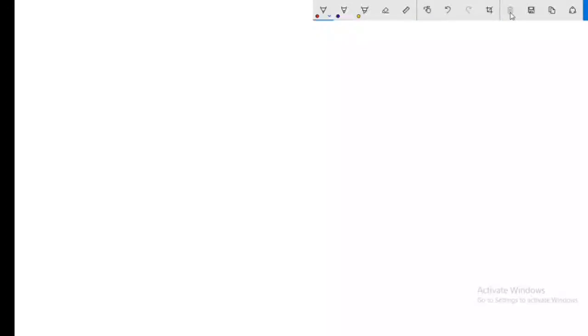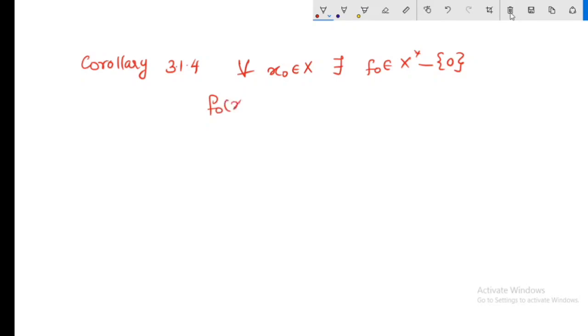So we know that we have Corollary 3.1.4, I think. For every x0 belongs to X, there exists an f0 belongs to X* minus {0}, such that f0(x0) is equal to norm of f0 times norm of x0.